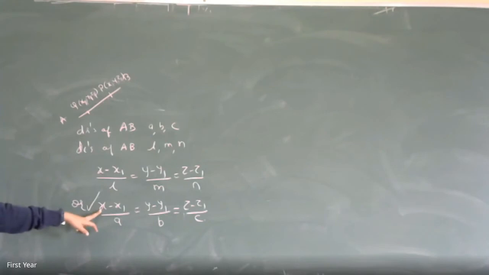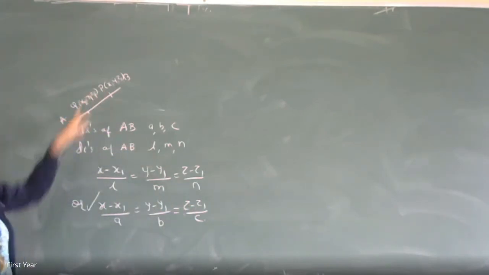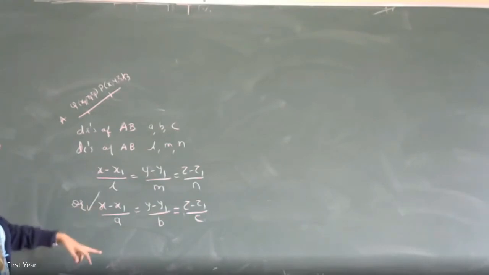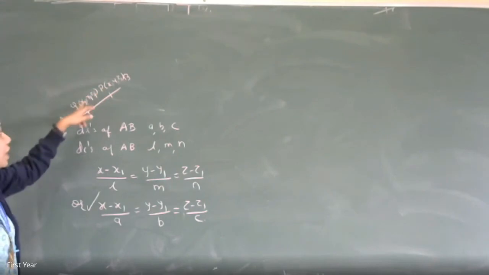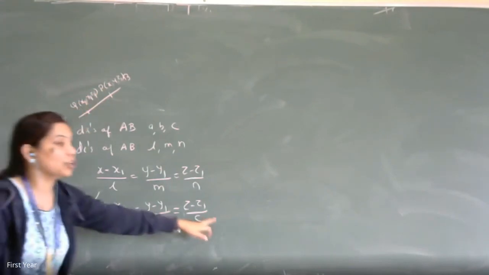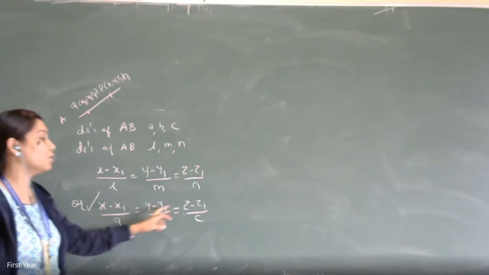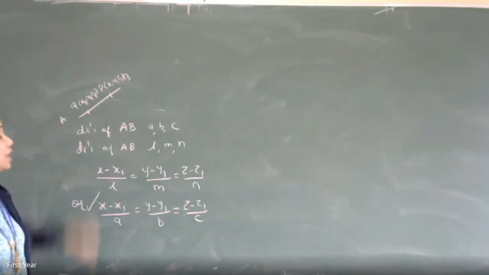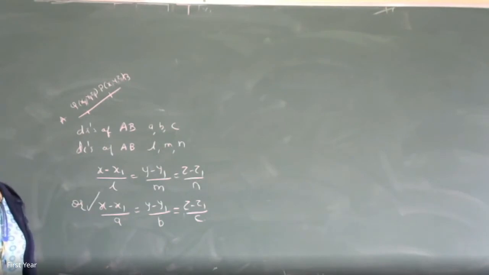We saw yesterday that x minus x1, y minus y1, z minus z1 are the general direction ratios, and the symmetrical equation of line can be written by taking the ratios of general direction ratios and fixed direction ratios. So a, b, c were fixed direction ratios, and x minus x1, y minus y1, z minus z1 are the general direction ratios of the given line. Then this will be the equation of line in symmetrical form.